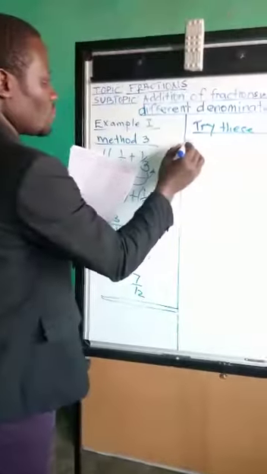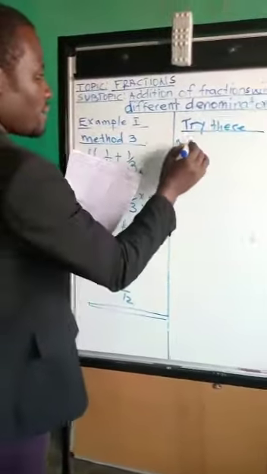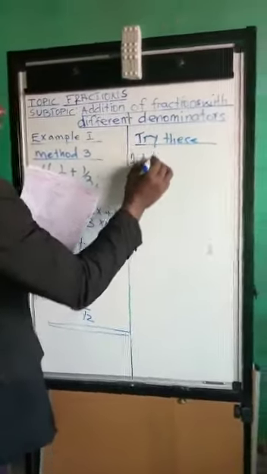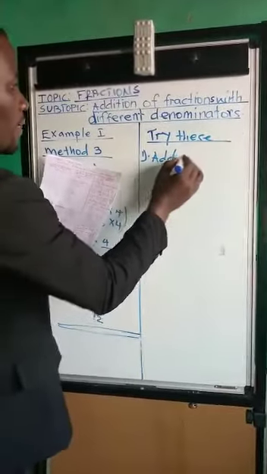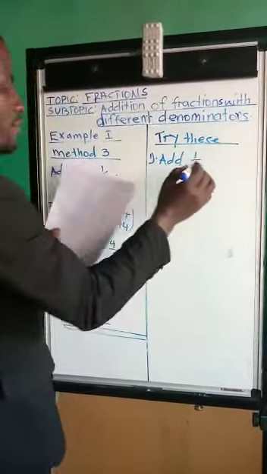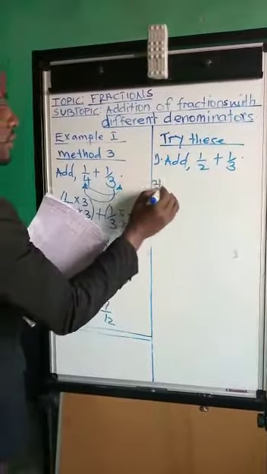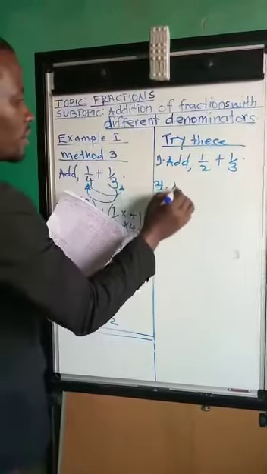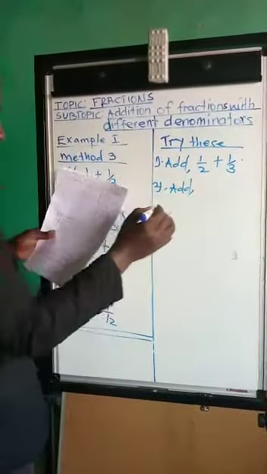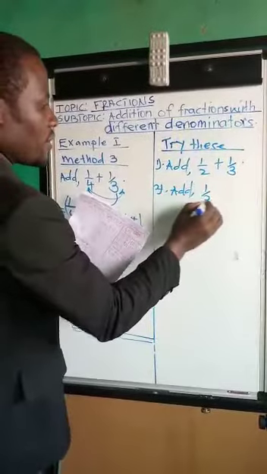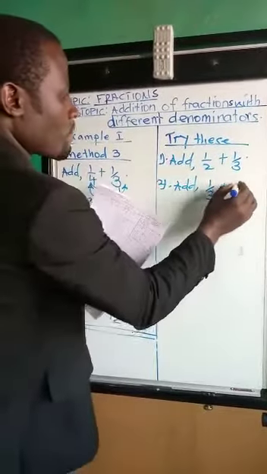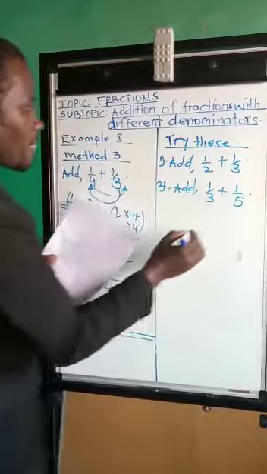Number 1: add a half plus a third. Number 2: add a third plus a fifth.